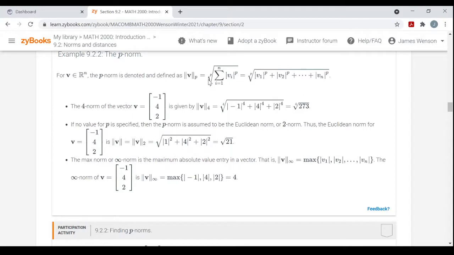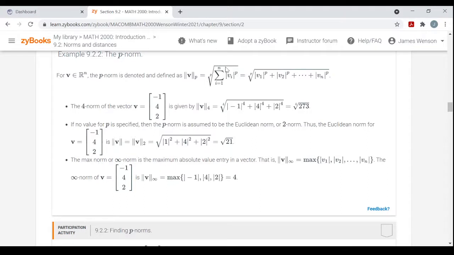And it's pretty similar. I'll write this stuff out. The p-norm of a vector in Euclidean space is the pth root. So if this was the 3 norm, you'd be taking the cube root. If it was the 4 norm, you'd be taking a 4th root.